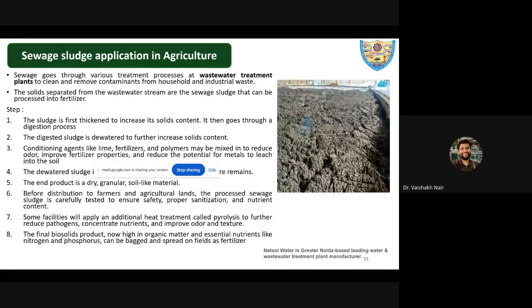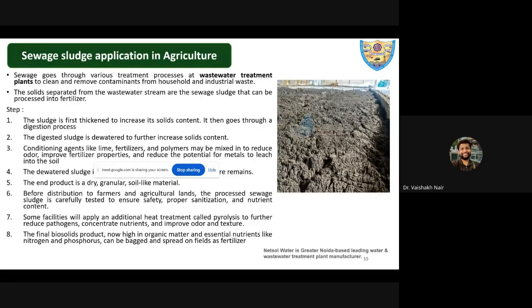The major source of sewage is household waste, then domestic chemicals, then pharmaceutical waste, meaning medicines and all those things. Soaps and detergents also come in sewage. So you have to make sure that all these pollutants are removed.